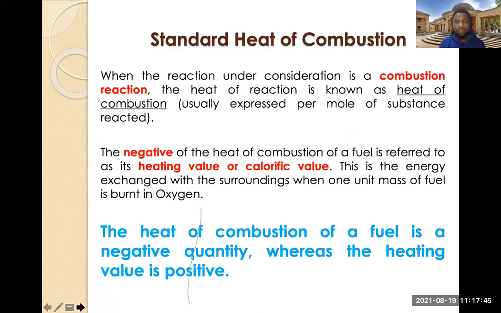So standard heat of combustion. In this case now, we are being more specific. If the process is a combustion reaction, we're looking at standard heat of combustion. And if you cast your mind back to when we looked at steam, and when we looked at calorimetry last semester, you see that it's a build-up, everything adds up.